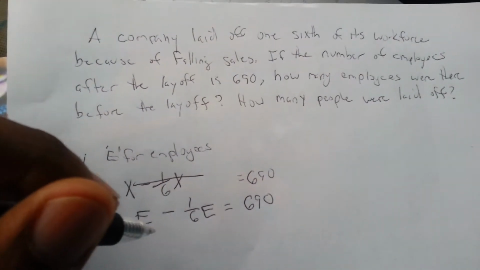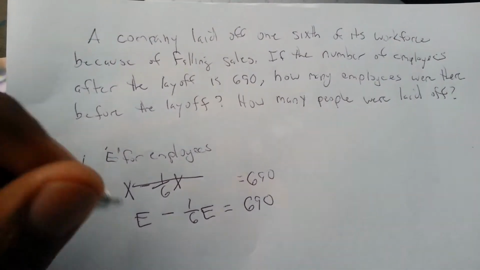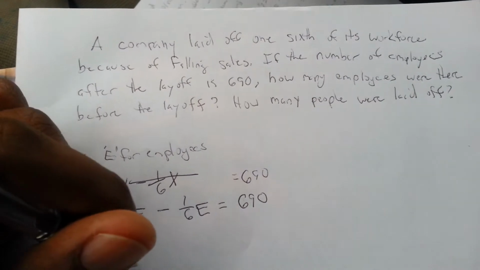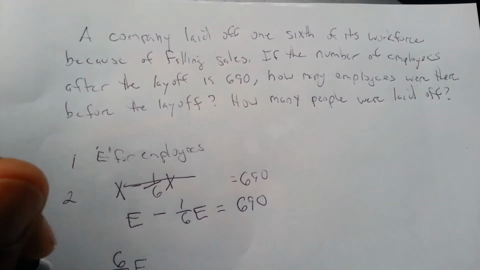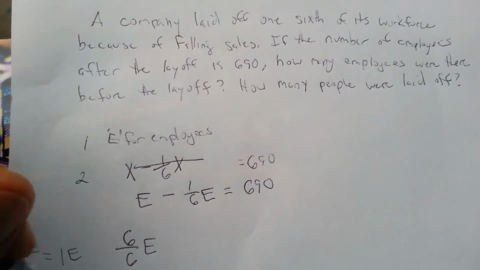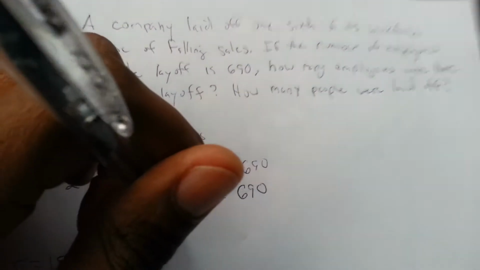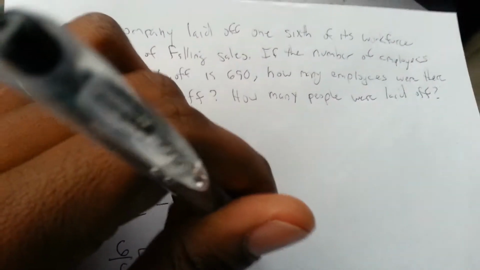So here we have 6, and 1E in terms of 6 would be 6/6E. That's the same thing as saying E. So we have 6/6E minus 1/6E equals 690.